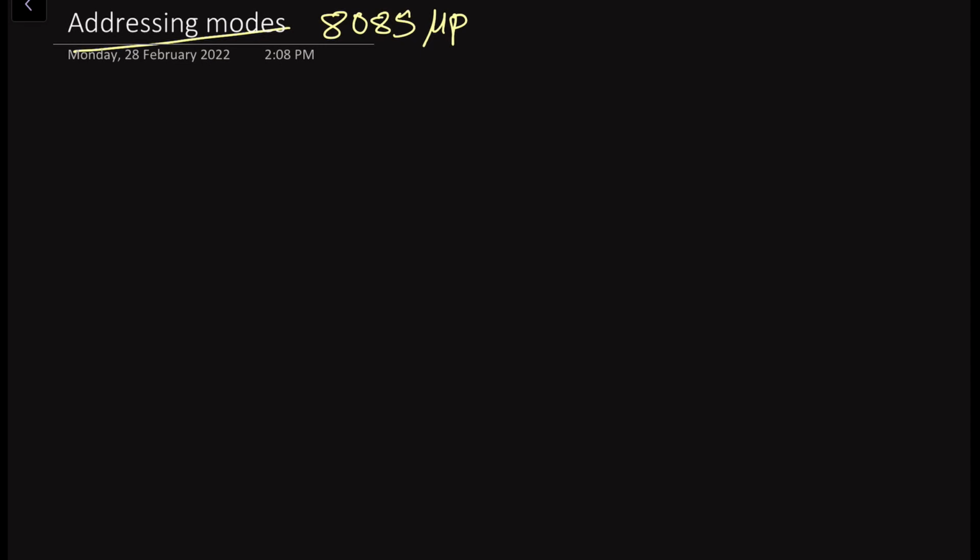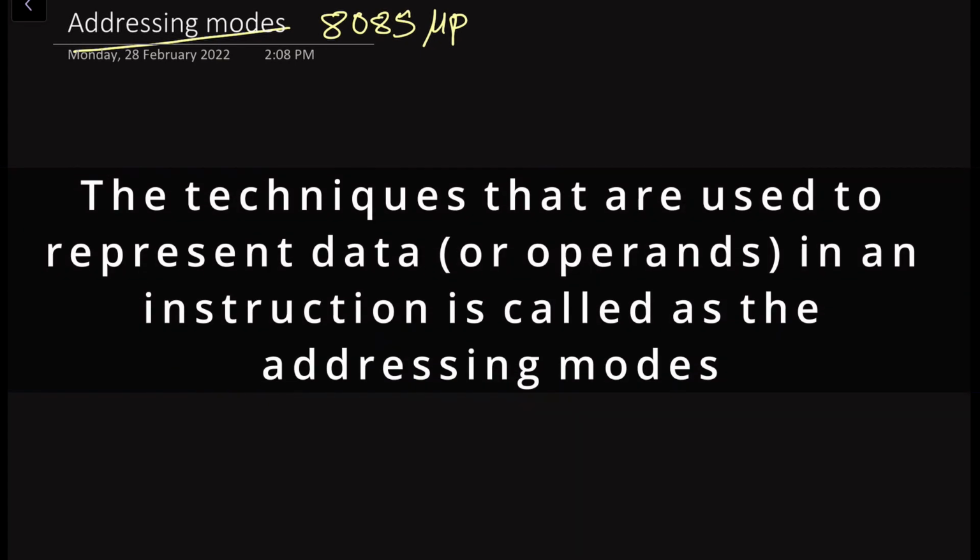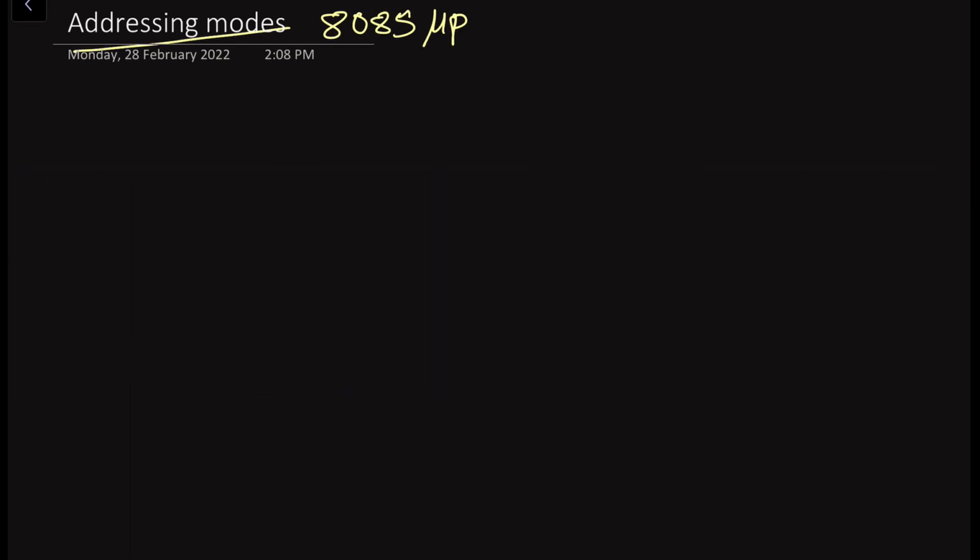So in one line, the various techniques that are employed to represent the operand or data in an instruction are called the addressing mode. Let me repeat: the various techniques that are used to specify the data or operand in an instruction are called the addressing mode.